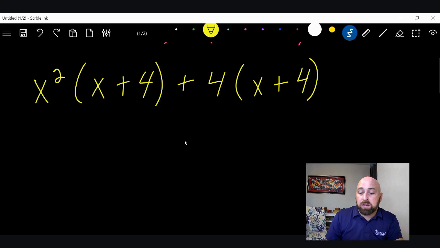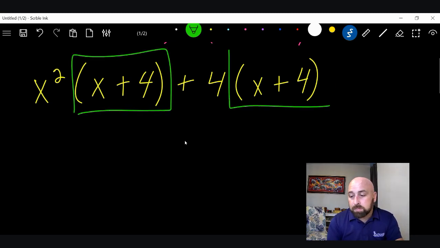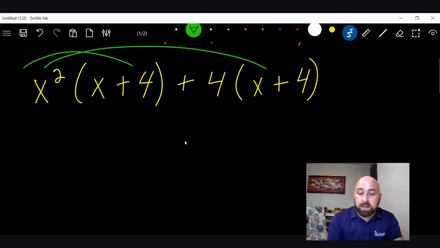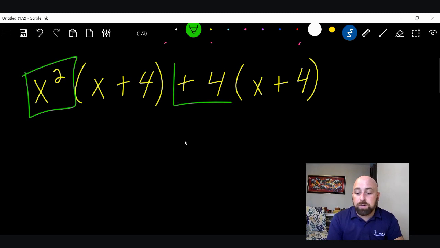Another way to look at this is that you are factoring out, removing this common factor. There's really two different ways to look at that. Some students look at it as, okay, I'm removing the x plus 4, and that's probably the best way to look at it. The other way would be to just combine those terms, and at some point you would have to remove the other one too.